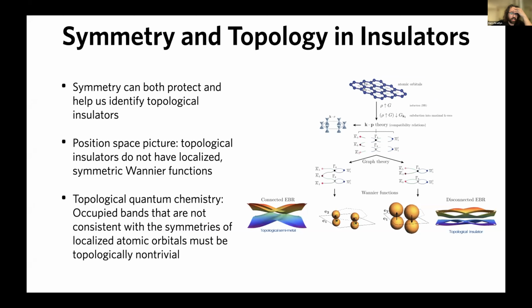So there are a few things that could be going on. One is that for a topologically nontrivial phase, the occupied bands alone don't have symmetric and exponentially localized Wannier functions.